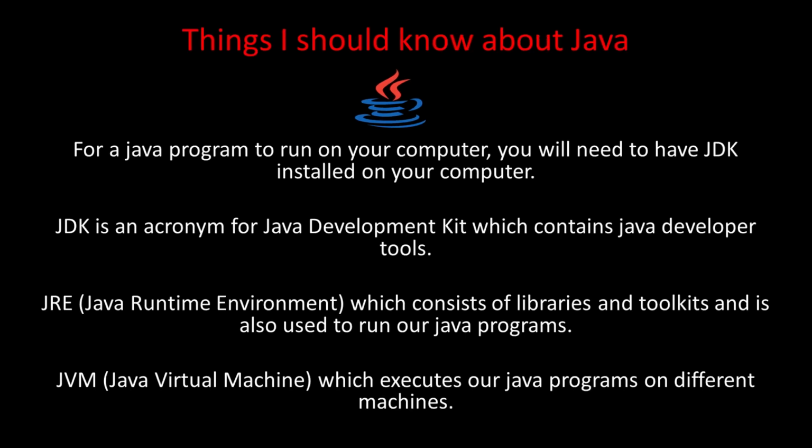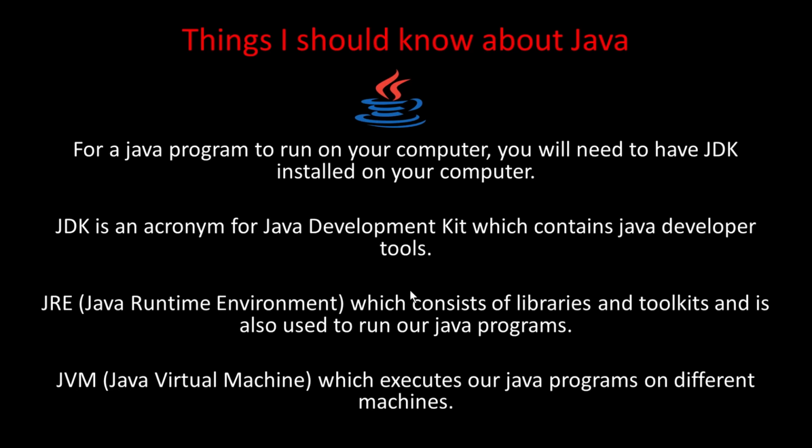The next lesson for today is things I should know about Java. First things first, for a Java program to run on your computer, you will need to have JDK installed on your computer. Now, JDK is an acronym for Java Development Kit, which contains Java developer tools.